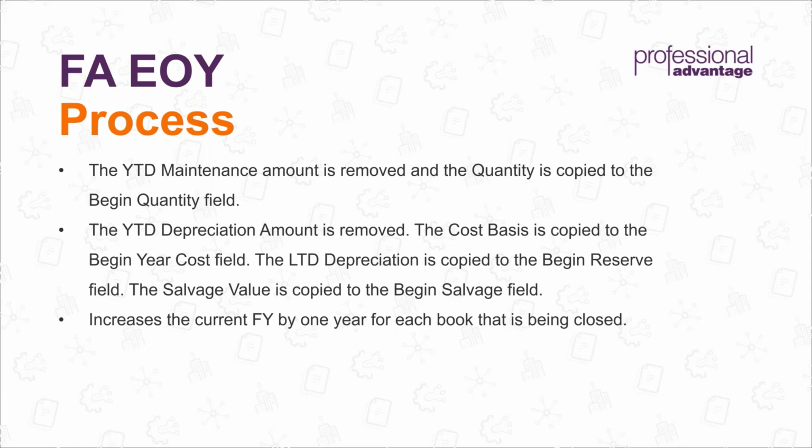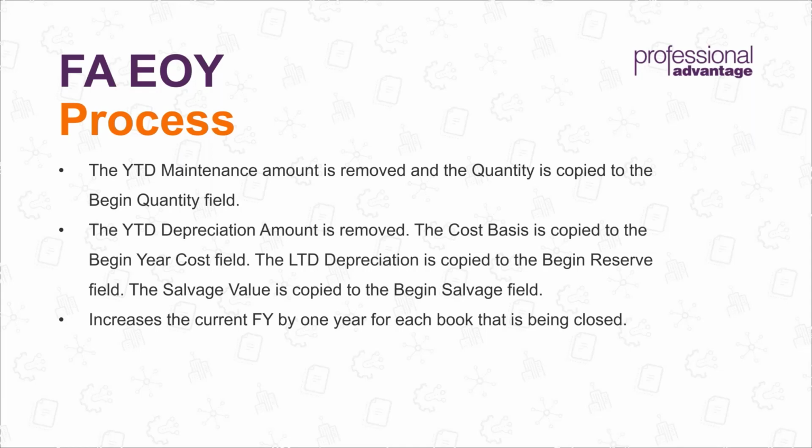And the cost basis is copied to the beginning year cost field, and the life-to-date depreciation amount is also copied to the beginning reserve field. So all of those things are happening without the front-end user noticing anything. That's part of the year-end process.